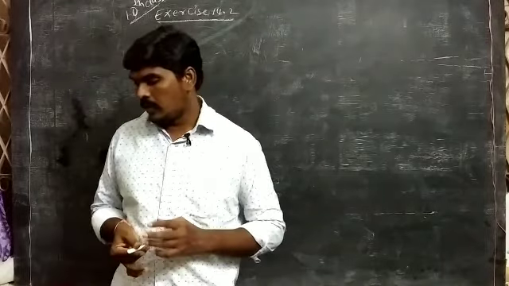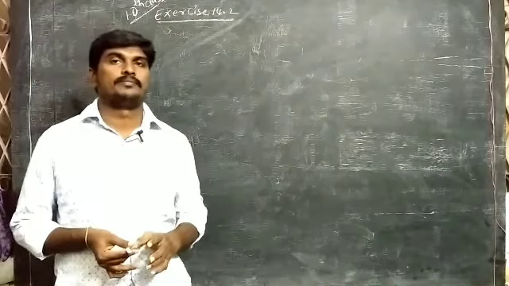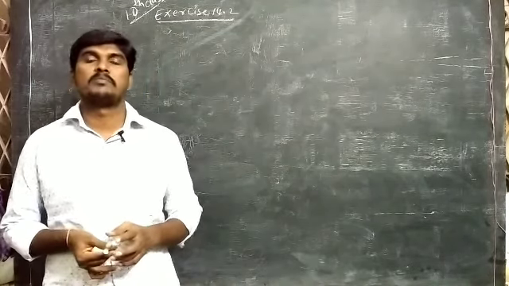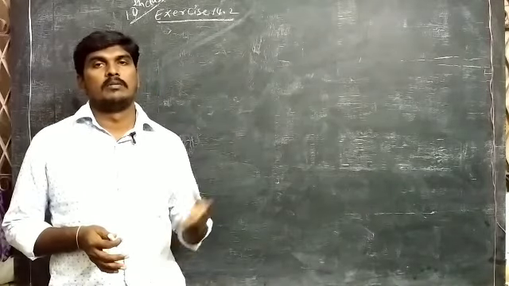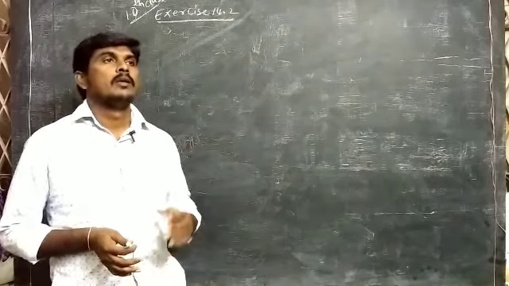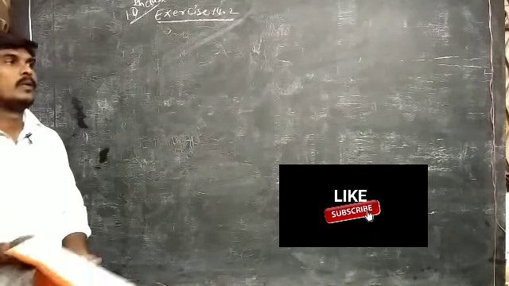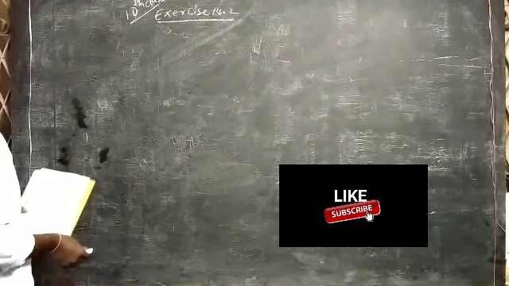So now I am going to explain from exercise number 14.2. From that exercise, the second sum I am going to explain. Whatever mode sum may be there, we can do it like this. If you want to find the mode of grouped data, we require only 2 columns in the table.